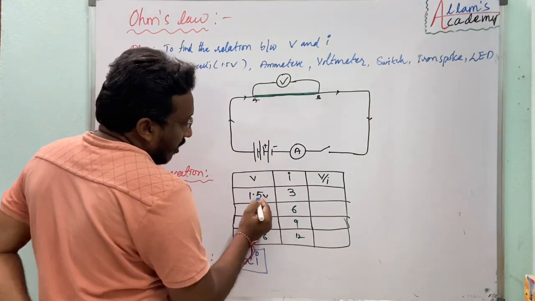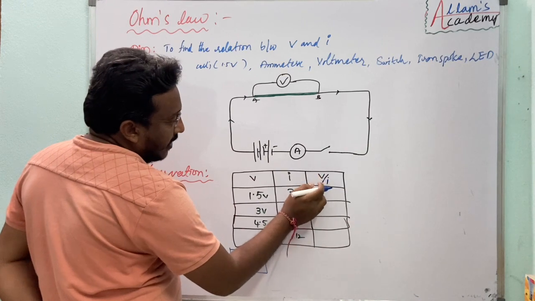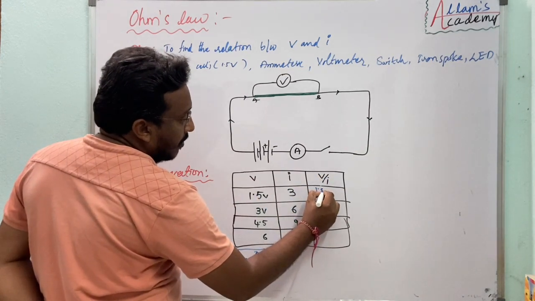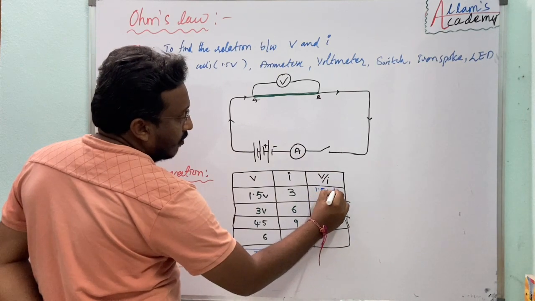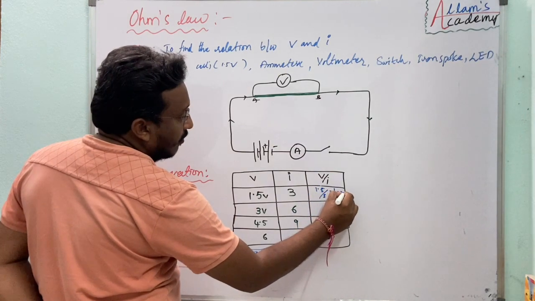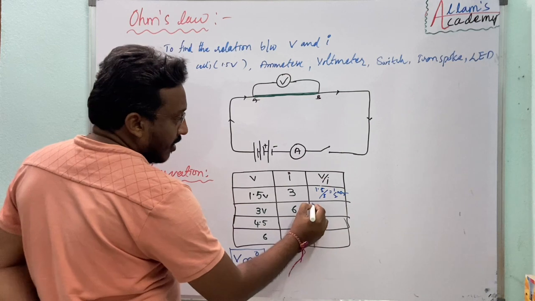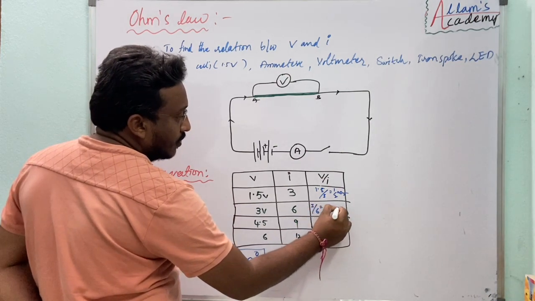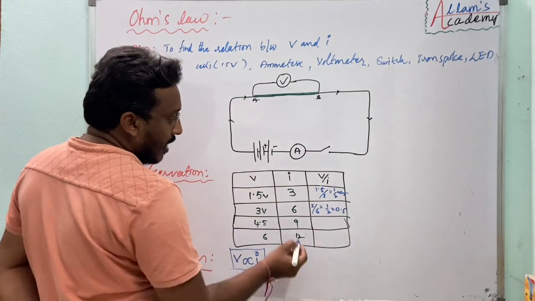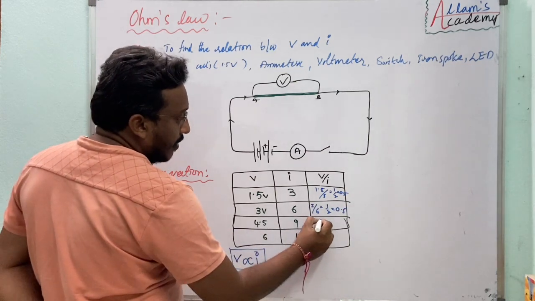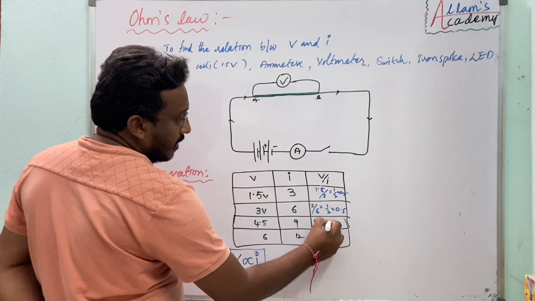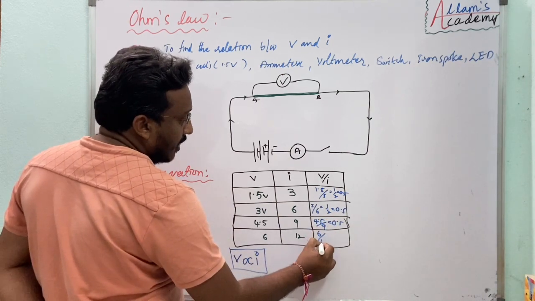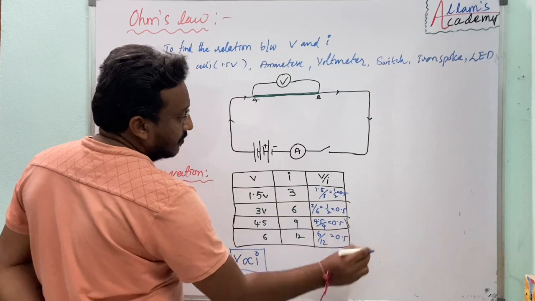And here finally, while finding the V by I value, 1.5 by 3 is equal to 1 by 2, that means 0.5. Here 3 by 6 is equal to 1 by 2, so 0.5. And 4.5 by 9, we will get 0.5. And 6 by 12, we will get 0.5.